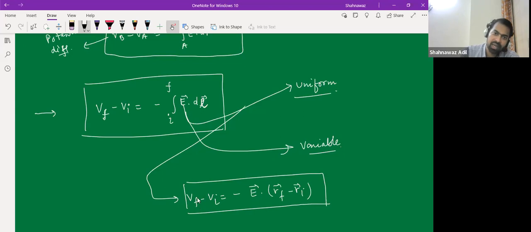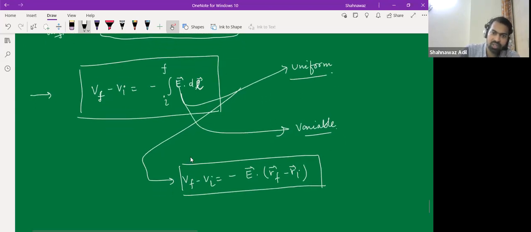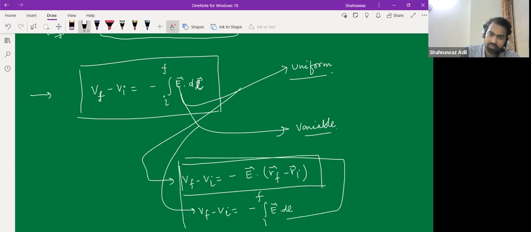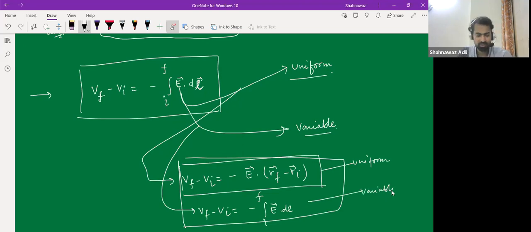And for the case of the variable one, V final minus V initial would be minus the integral from initial to final of E dot dl. So please note down this part: uniform and variable.